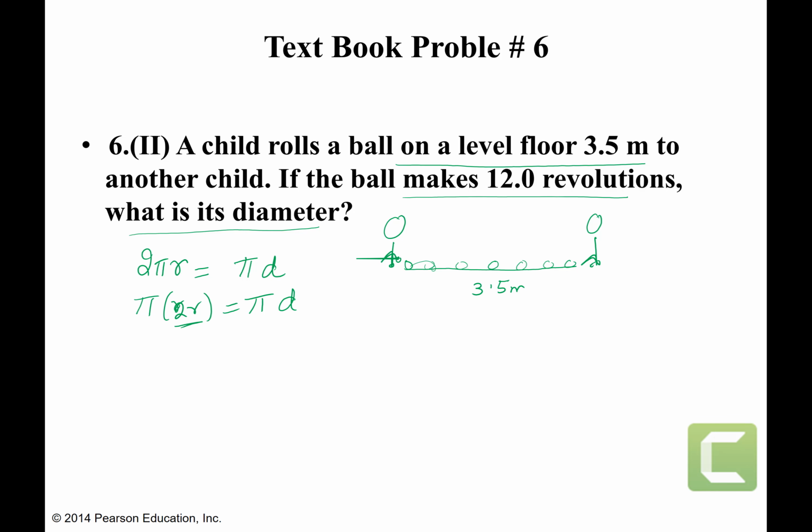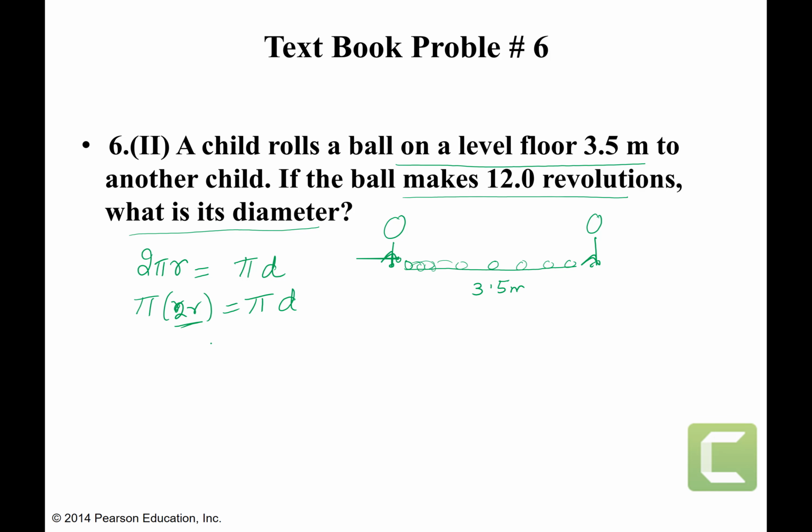Twice the radius is the diameter. So the ball rolls pi d of linear distance. Every time it goes pi d, pi d, pi d. So this happens 12 times. 12 times it's going and reaching the other end. So this ball basically can be used as a measuring tool.